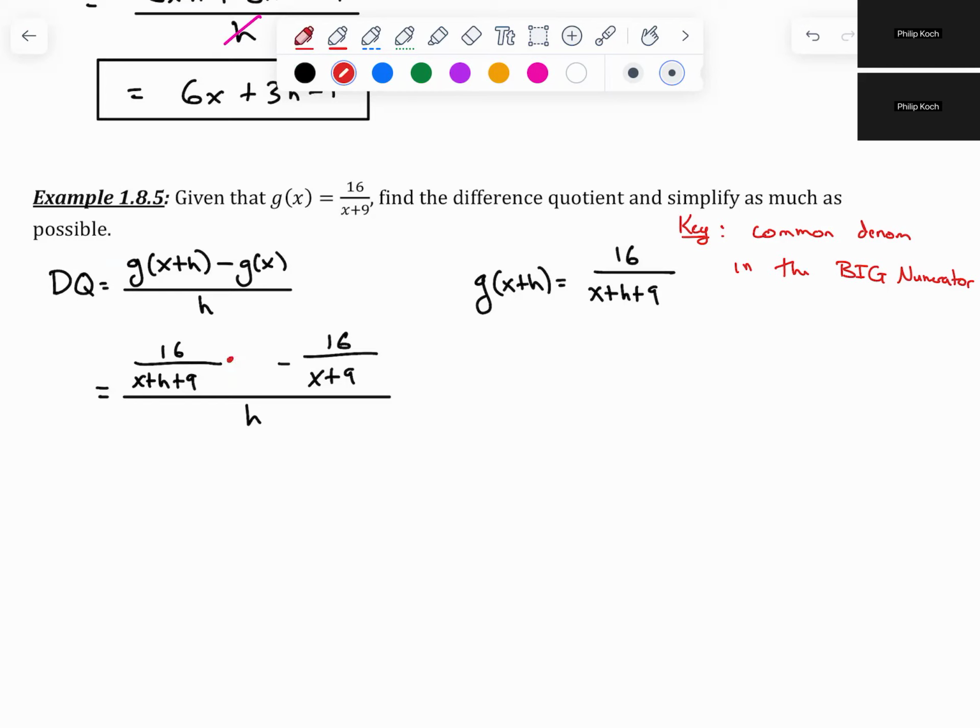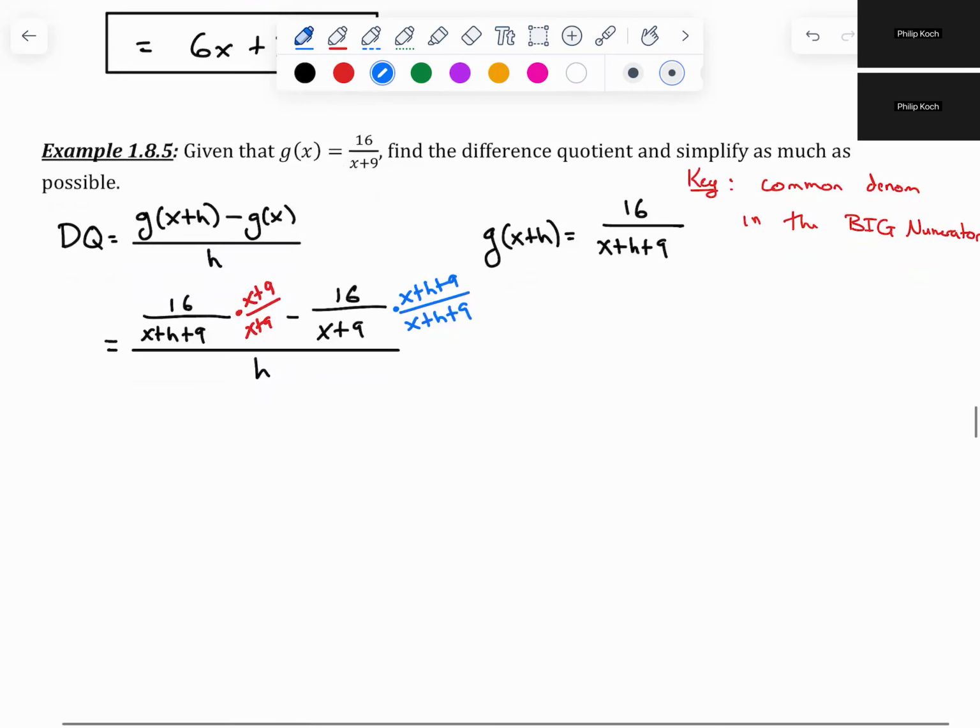So I'll multiply this one by x plus 9 over x plus 9, and the second one by x plus h plus 9 over x plus h plus 9. Then, I'm happy to go through an extra step if need be, but this should therefore be 16x plus, what's 9 times 16? I don't have that off the top of my head.